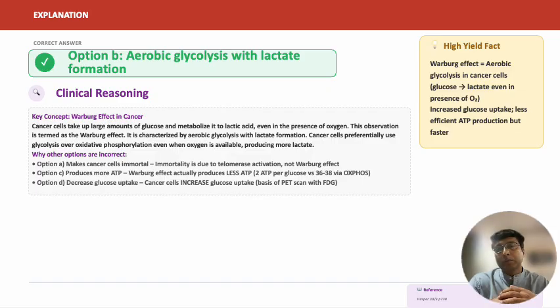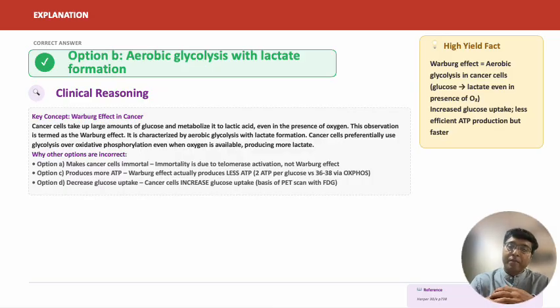So more glucose means more lactate will be produced, and this lactate ultimately will be utilized by the liver in neoglucogenesis, and this is a condition where there will be hypermetabolism. As you see it in the cancer patient, this is called the cancer cachexia.